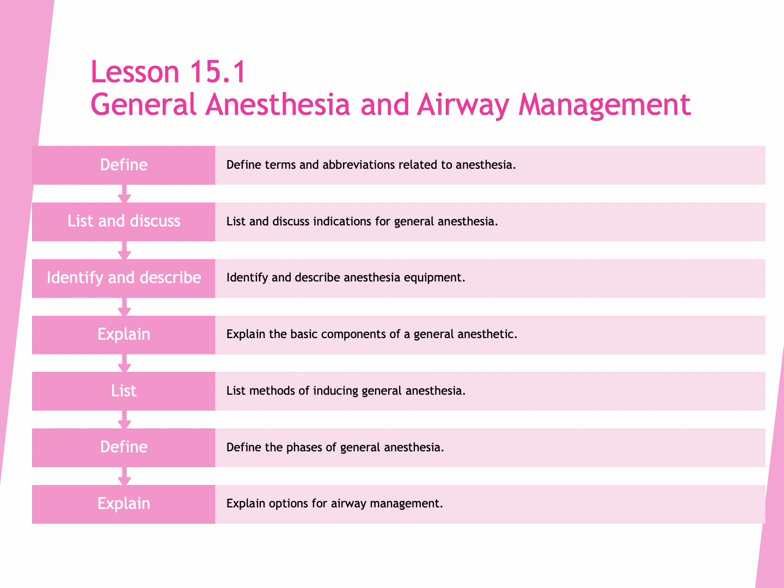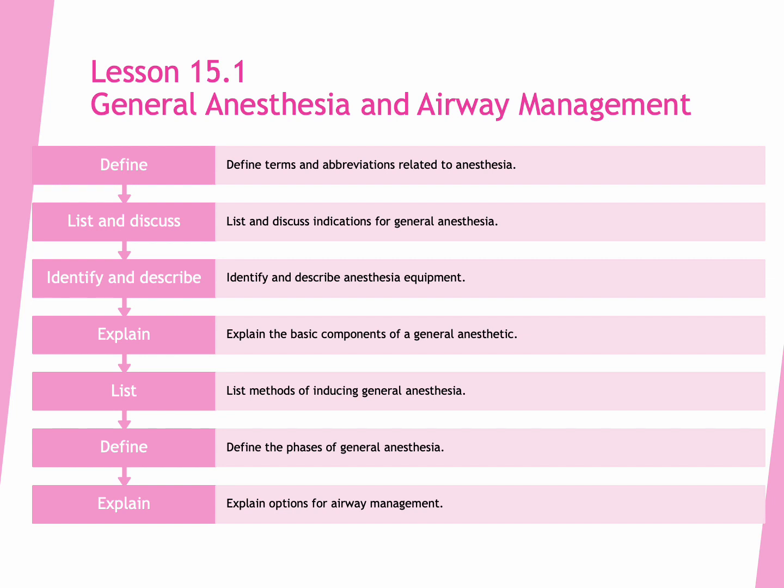So there are several key objectives in this lecture that I'm going to cover. After completing this lecture, you should be able to define terms and abbreviations related to anesthesia. You should be able to list and discuss the indications for general anesthesia, as well as identify and describe the equipment used for anesthesia or to deliver anesthetics.